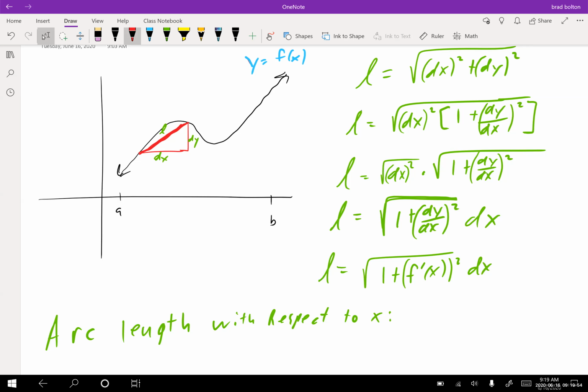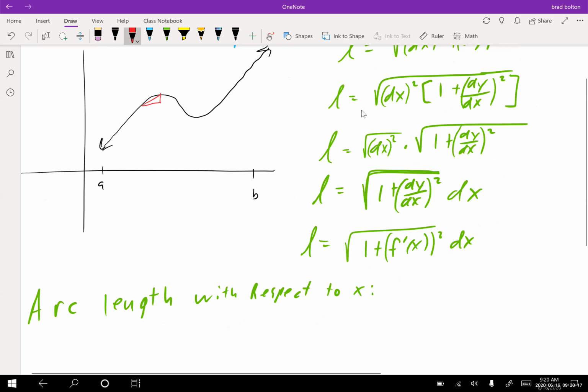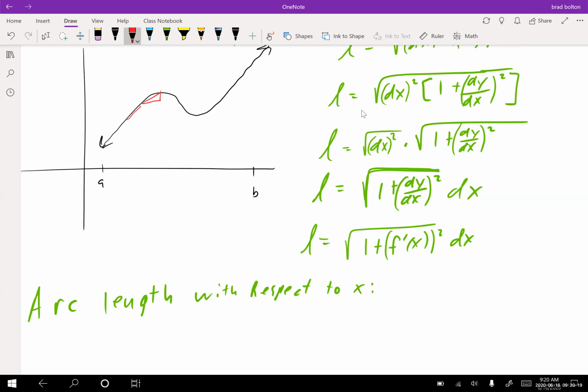But now I want to embrace that idea that you learned in the shell method or the disc washer method: couldn't I have drawn this triangle, this triangle here, and this triangle here?